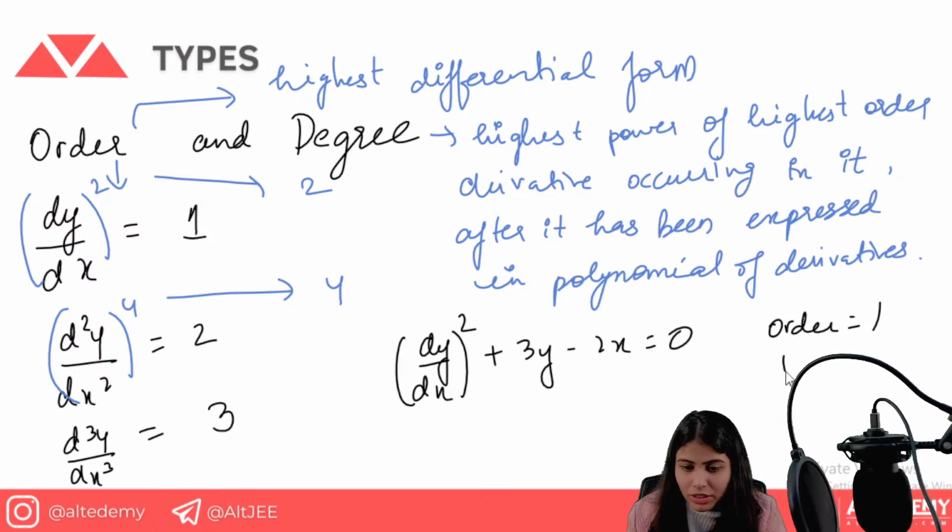So the degree will become 2, because this is the highest order of differentiation and its power is the degree. Okay, I hope this is clear to you. Kalpu, are you able to understand it? Duna, hello, and Lewis, hello, I hope you're enjoying the session. So this is the meaning of order and degree.